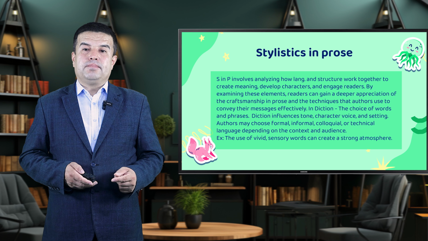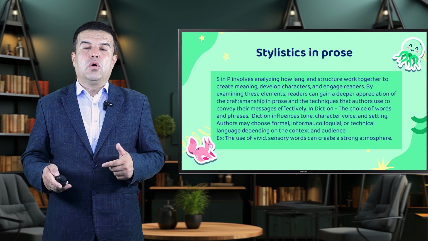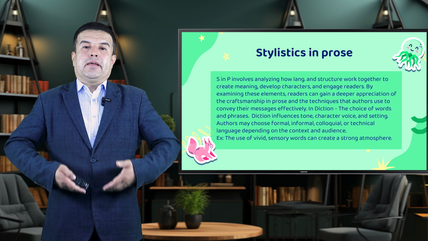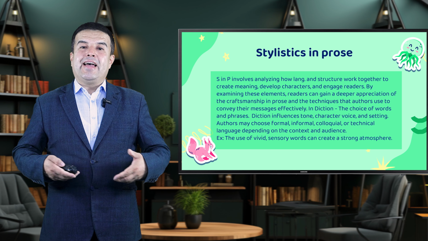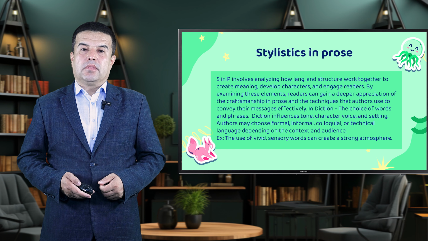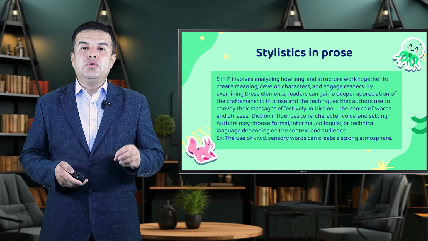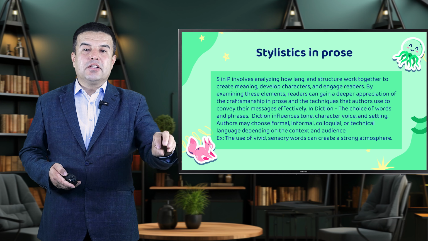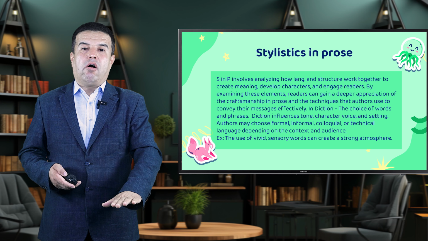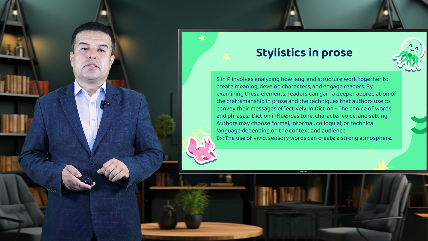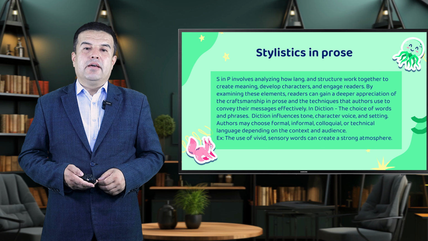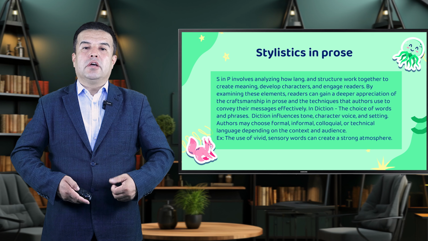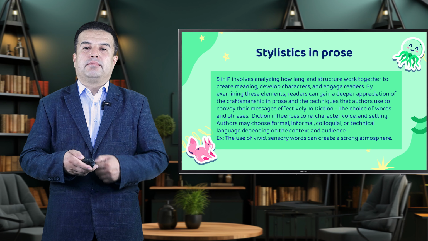In diction, the choice of words and phrases influences the tone, character, voice, and setting. Authors may choose formal, informal, colloquial, or technical language depending on context and audience. For example, the use of vivid sensory words can create a strong atmosphere.